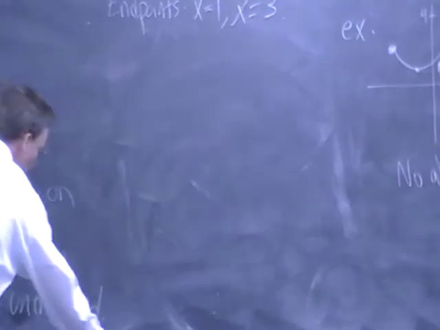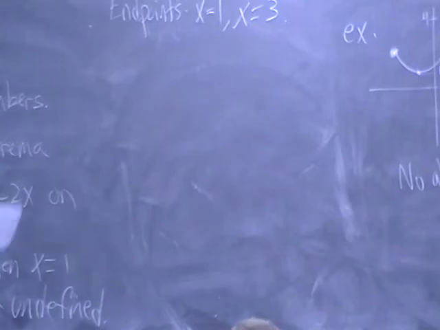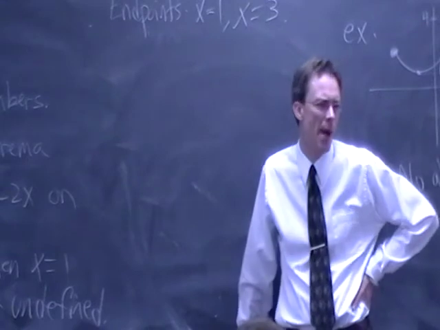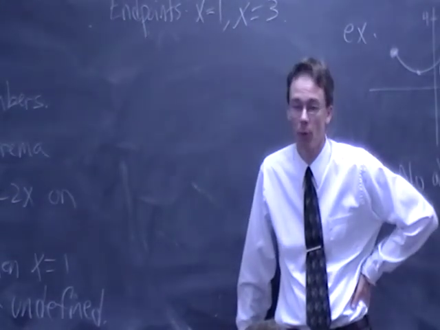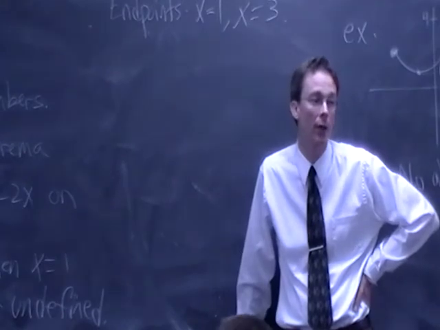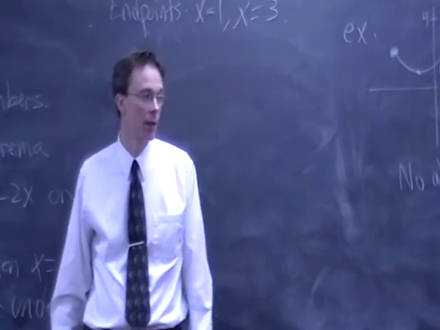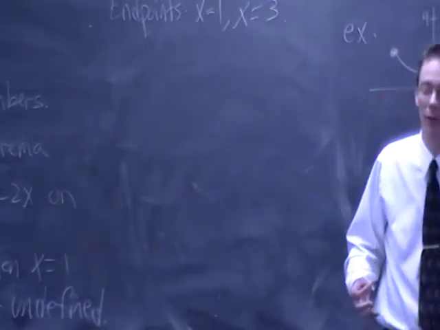So to figure out if we're dealing with maxes or mins or what, let's plug these critical numbers into the actual function. Am I going to plug them into f or f prime? F. If you plug them into f prime, you're going to get the slope, 0 back, which is how you got the critical number in the first place.